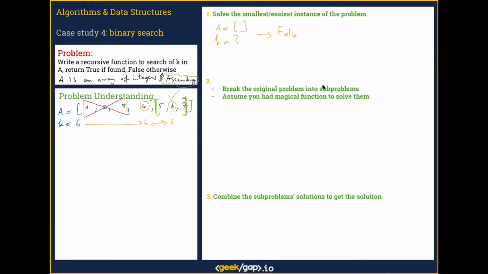Now, how can we express this problem in terms of smaller instances?